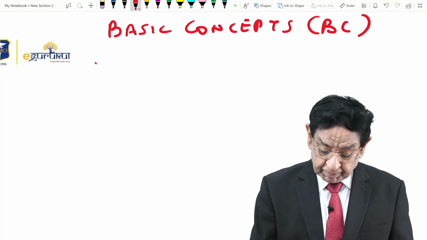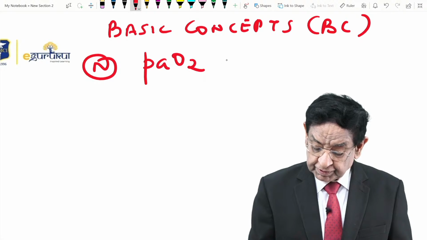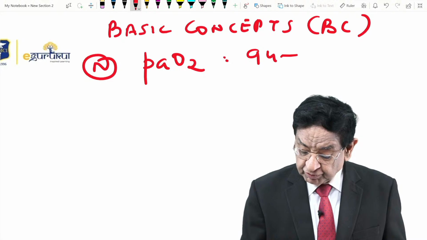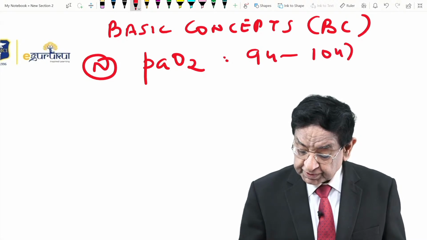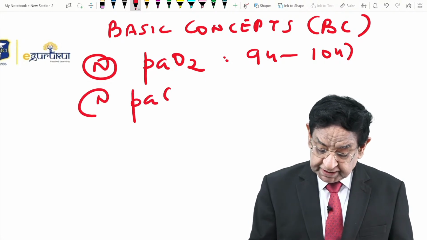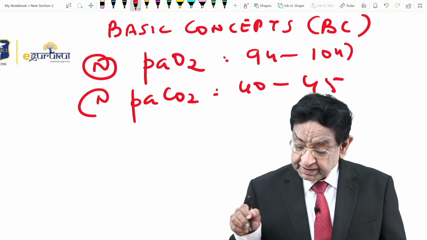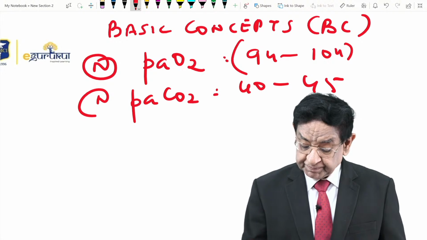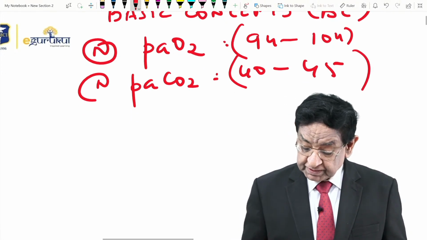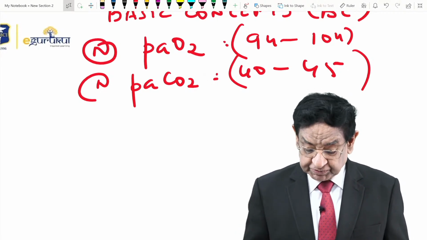Normal PaO2 is somewhere around 94 to 104, and normal PaCO2 is 40 to 45 millimeter of mercury, right? This is the partial pressure of normal oxygen and CO2.